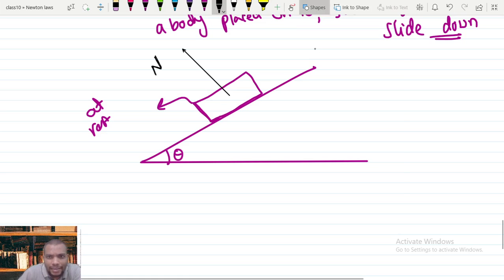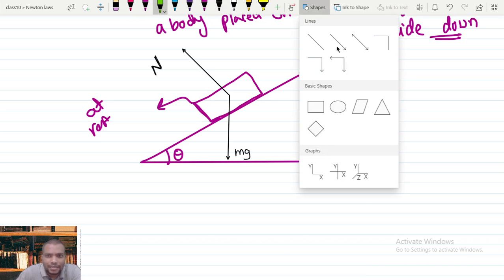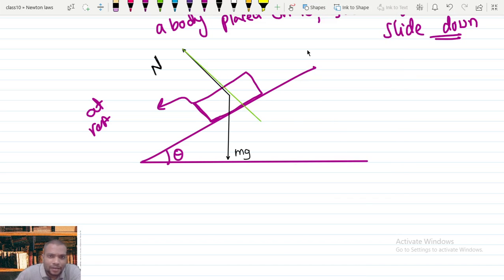But in this inclined plane case, the weight mg makes an angle. So this is the weight mg, it gets tilted.